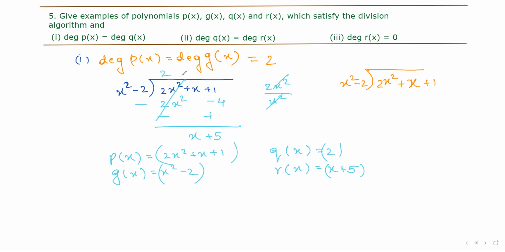The second part says that your degree of q of x should be equal to degree of r of x. What do you want? In your division, your g of x is over here and your r of x is over here.